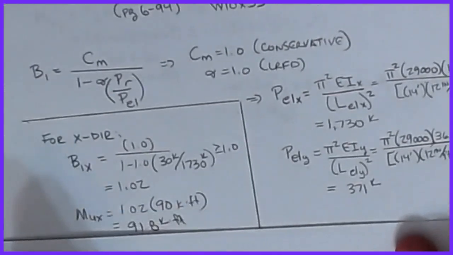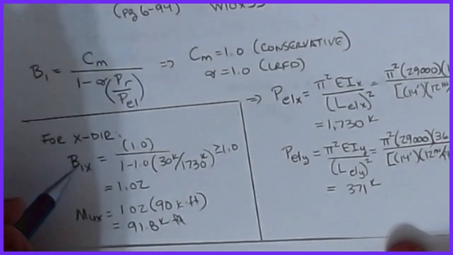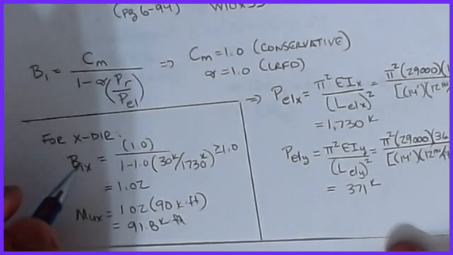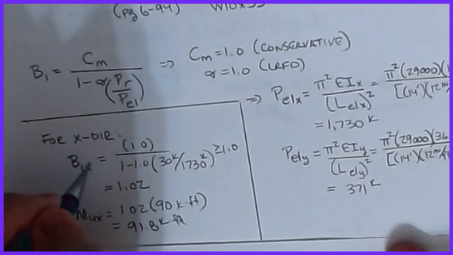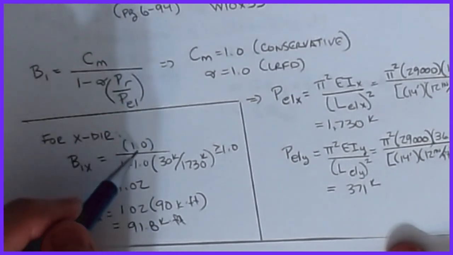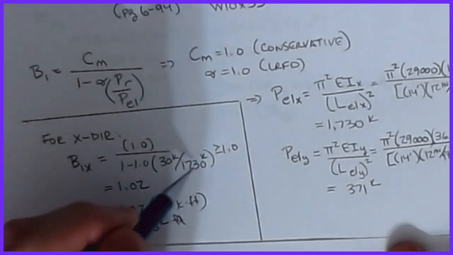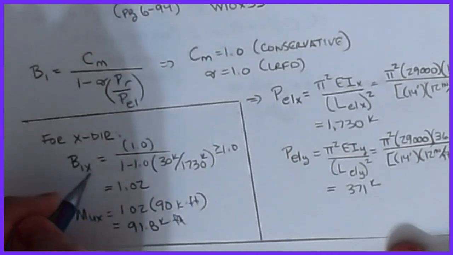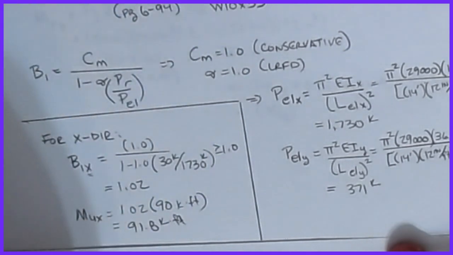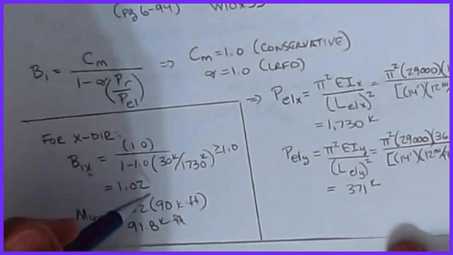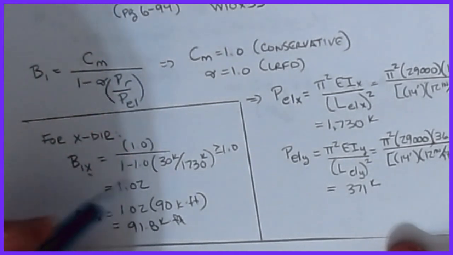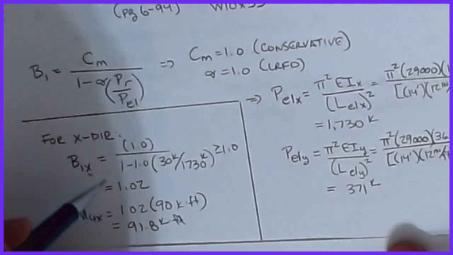So all we're going to do then is calculate the B1x and the B1y. The B1x, the multiplier for the static moment, then becomes this ratio. It's the Cm 1.0, over 1 minus 1.0 times my 30, which is the applied load, over my 1730 in the X direction. So again, that's why I've got to watch the X's and the Y's here. If I do that, this value is 1.02. We're not getting a whole lot of multiplier on this. It's a very small increase.